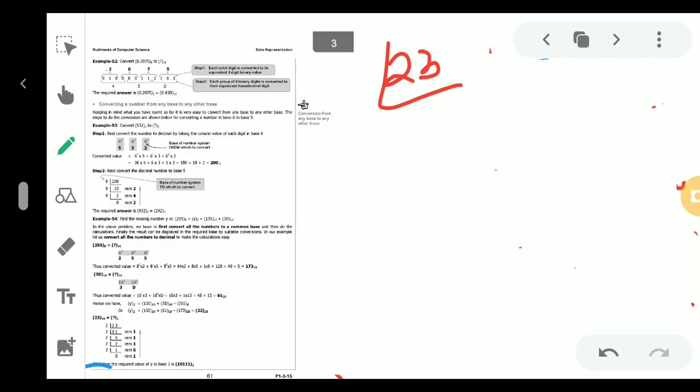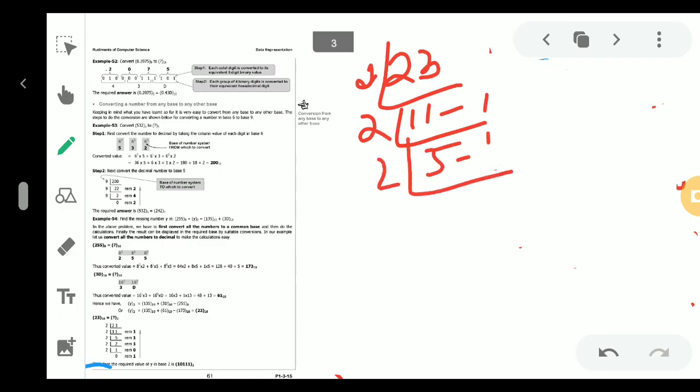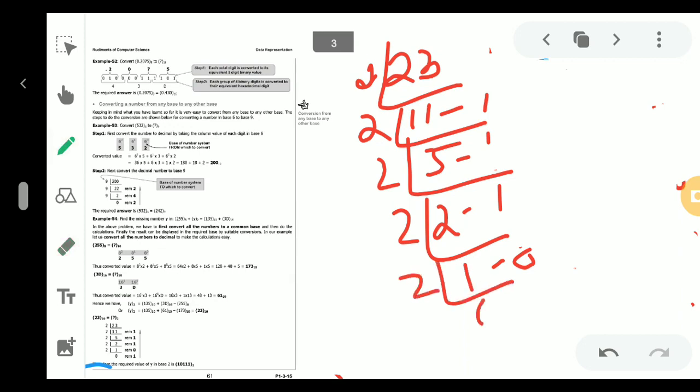So what you have to do is divide by 2, that is 11 and remainder 1, and again you divide by 2, 5 and remainder 1, then 2 twos are 4 and remainder 1, then 2 ones are 2 and remainder 0, and 1. So the answer is 10111. So the value of y in base 2 is 10111 base 2.